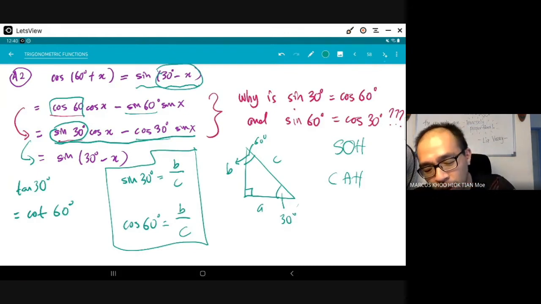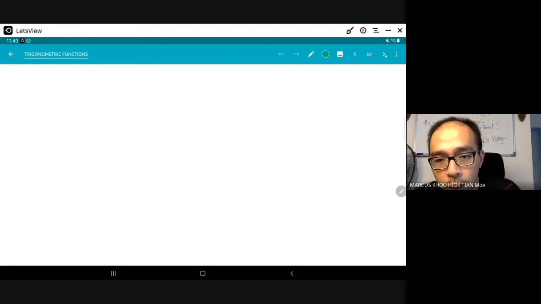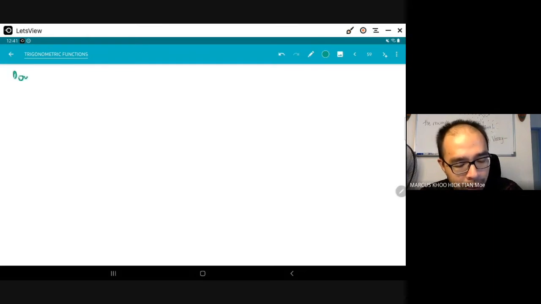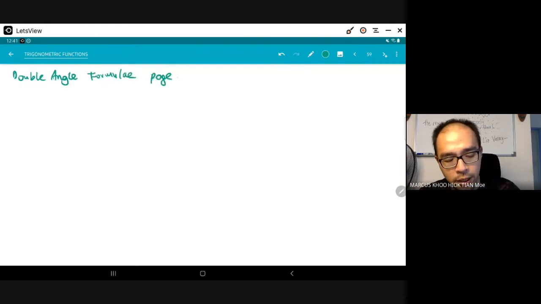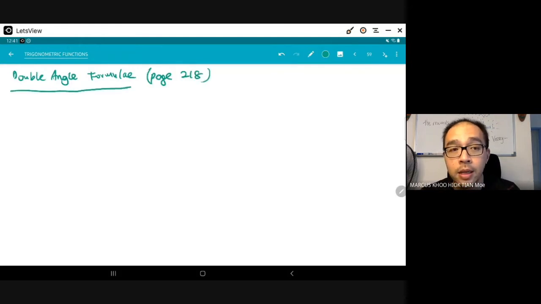All right, so the other day we looked at the addition formula. Today we're going to look at the double angle formula, which is found on page 218 in your textbook. Double angle means that the angle you multiply by 2.